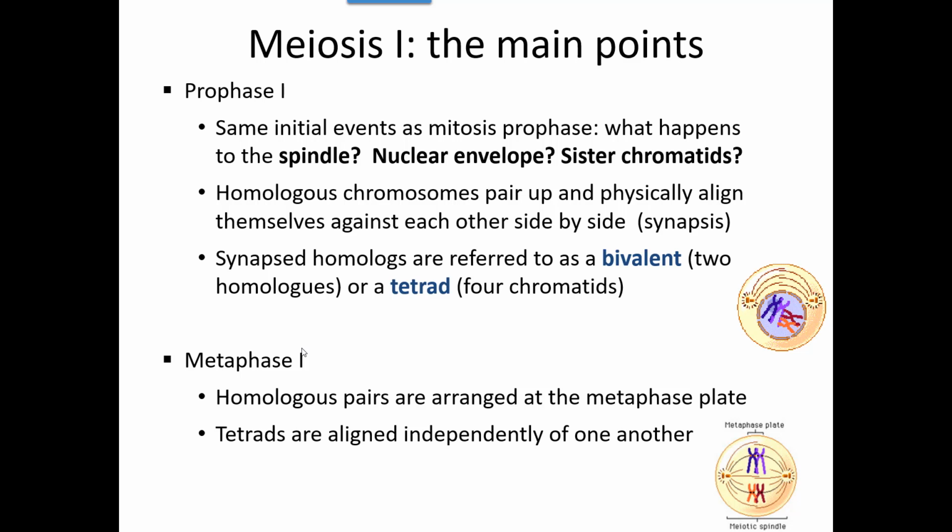Just to distinguish between meiosis I and meiosis II, we call it prophase I, metaphase I, anaphase I, telophase I, so we know that we're in meiosis I. So in prophase I, it's really the same initial events that happen in mitotic prophase. You're still going to have spindles getting formed, the nuclear envelope is going to disappear, and you're going to have sister chromatids, but you're also going to have the pairing up of the homologous chromosomes.